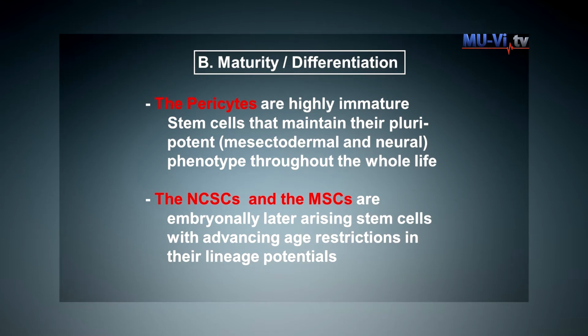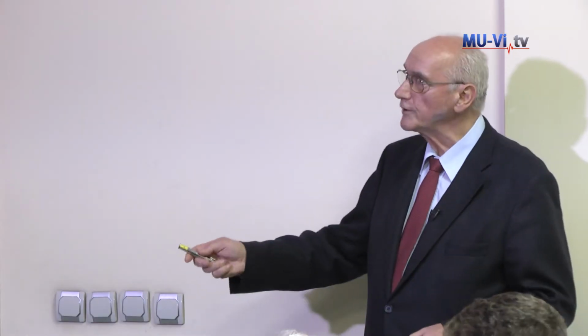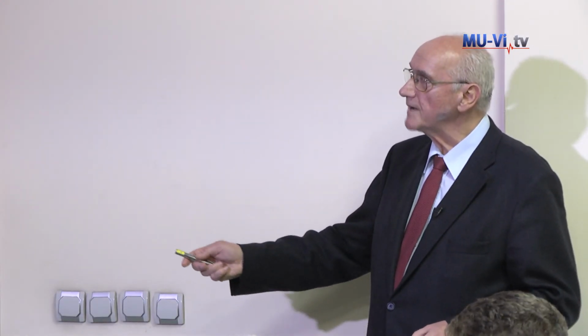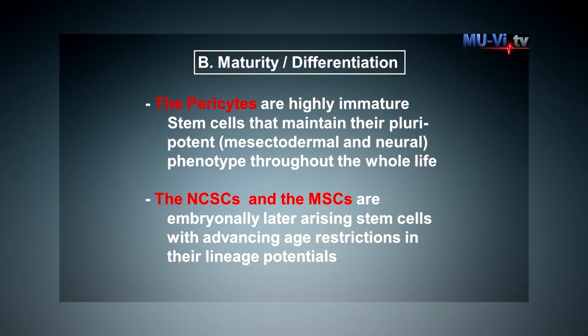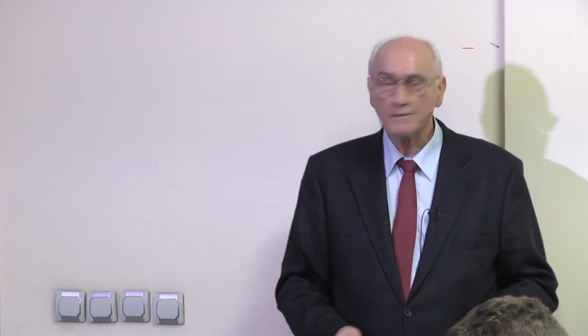The pericytes, we have shown, are highly immature stem cells that maintain their pluripotent or the mesectodermal and neural phenotype through the whole life. In contrast, the neural crest cells and the mesenchymal stem cells are embryonally later arising stem cells with advancing age restrictions and their lineage potentials.